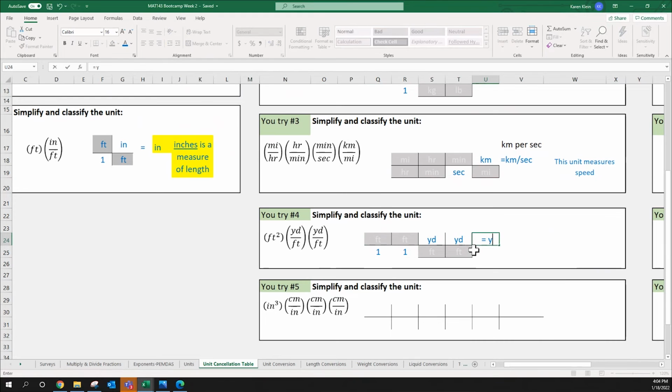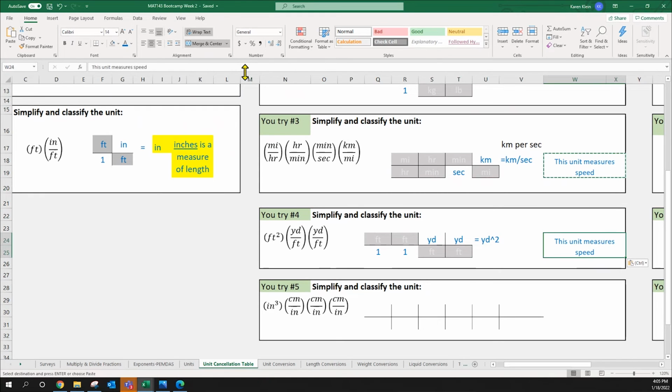So this is going to be written as yard squared. And I have to put this little apostrophe in front, or otherwise Excel thinks I'm trying to calculate something. So I'm just telling it to treat it like text. So we end up with yard squared.